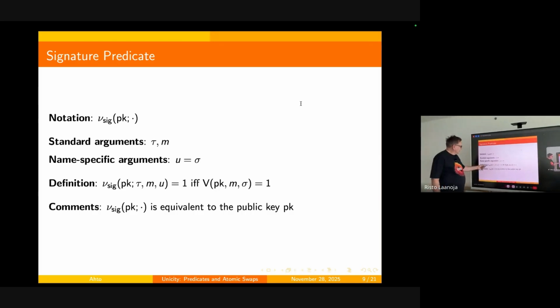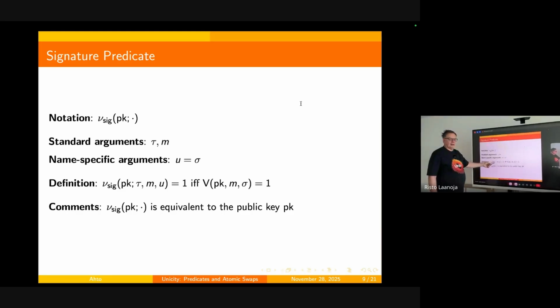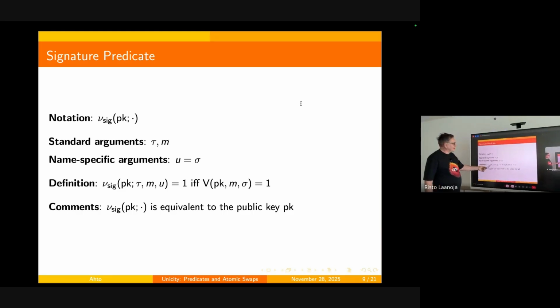And this predicate actually doesn't care about the system time at all. It just verifies the signature with the parameter, the public key, and that's it. It's maybe encoded differently than the public key, but it's completely equivalent to having the public key in the system.